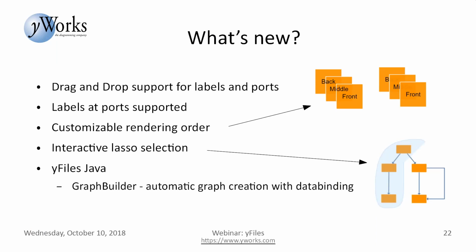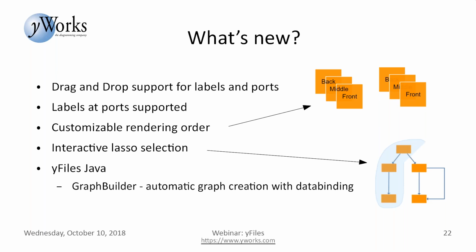So with this feature release, we added some great things. We had drag and drop support for labels and ports. So now you can drag labels and ports from a separate palette component into the graph. That was previously only possible with nodes and edges.